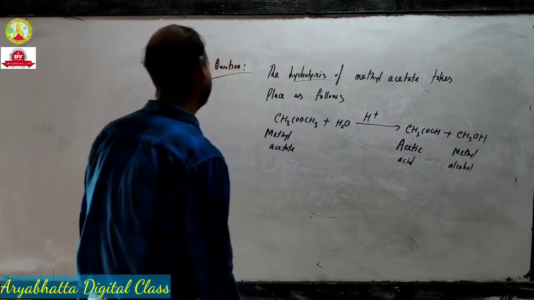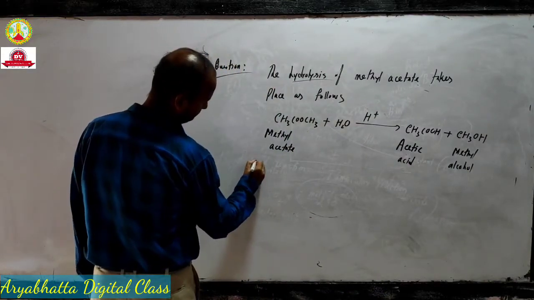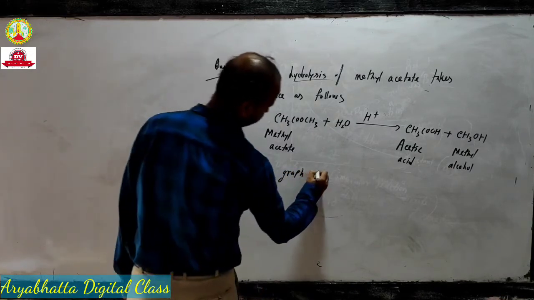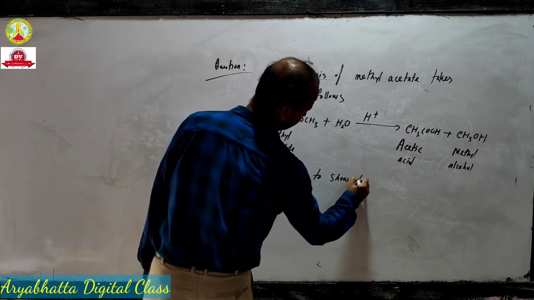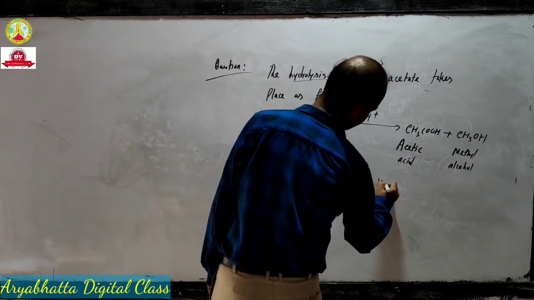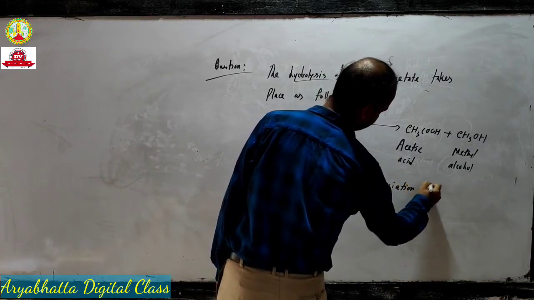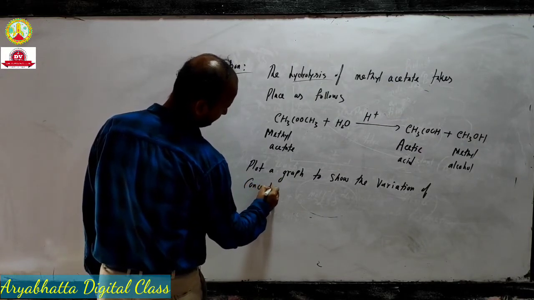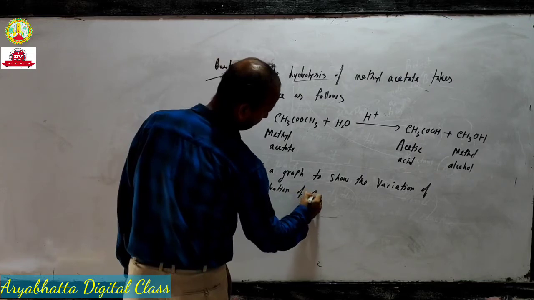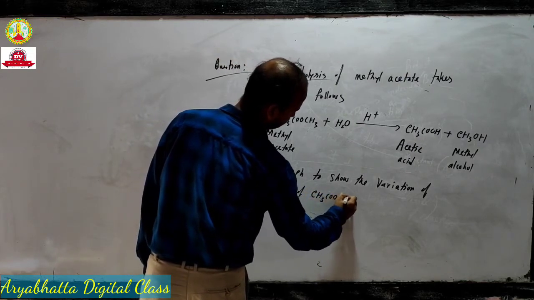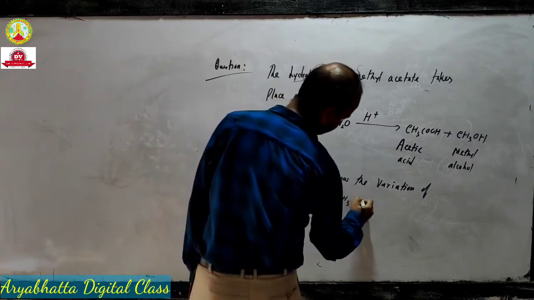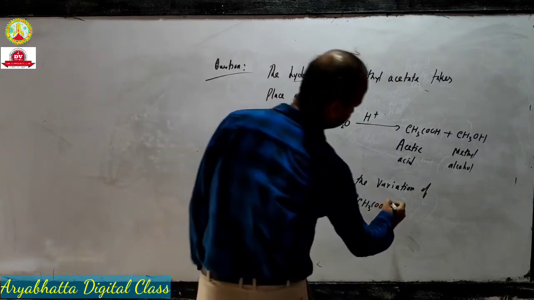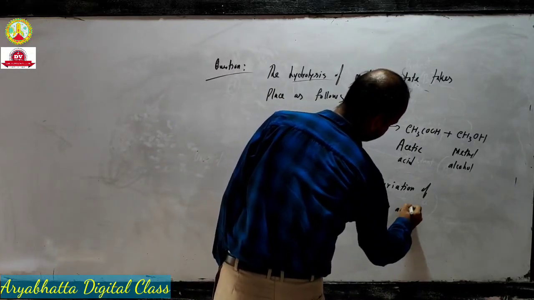Next part of this question, see very carefully. Plot a graph to show the variation of concentration of methyl acetate, acetic acid, and methanol.